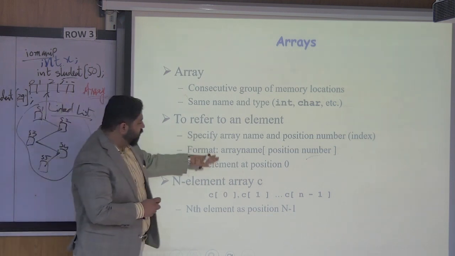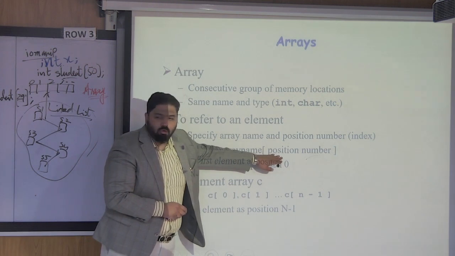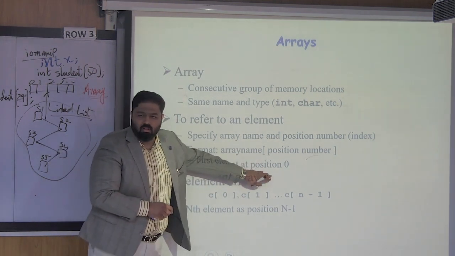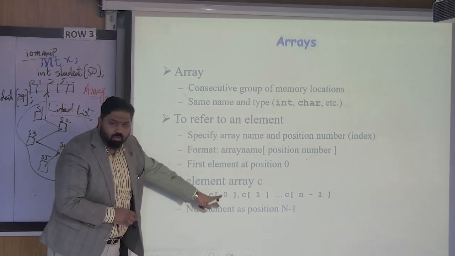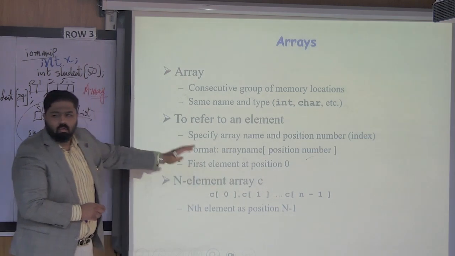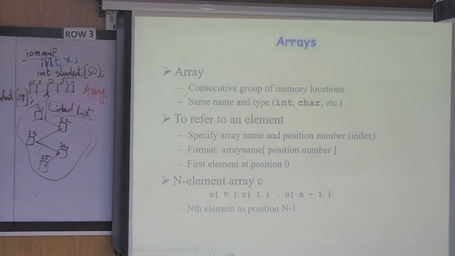So, to refer to a particular element, name of the array and its position. First element has position 0, C of 0, C of 1, C of 2, and going up till C of n minus 1. So the last element will be at the last location.